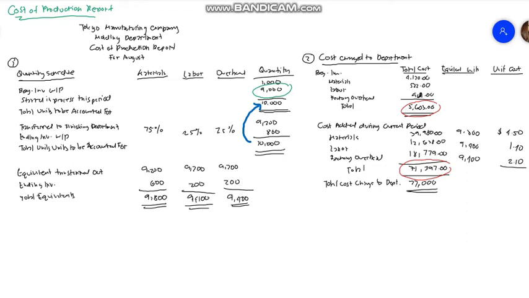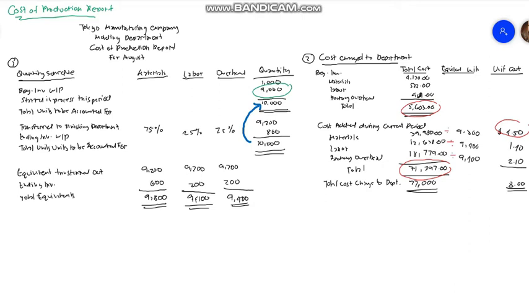So add that up, it's a total of $8 because my problem is in dollars. So again, in order for you to get this one, you just divide this by this. That's how you got it.